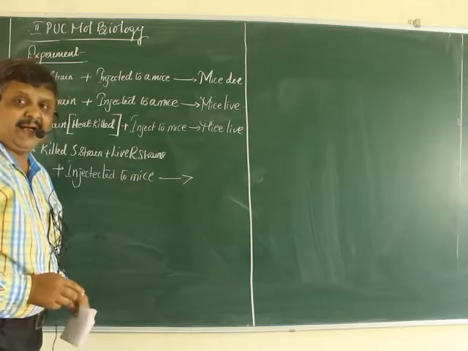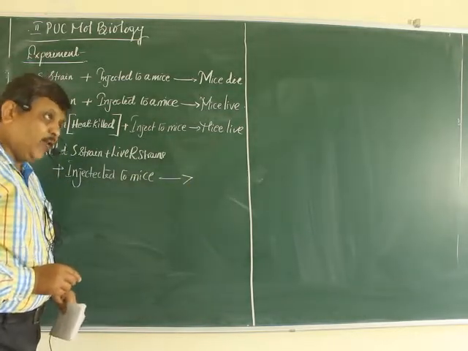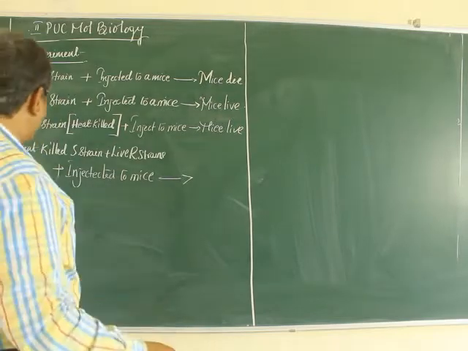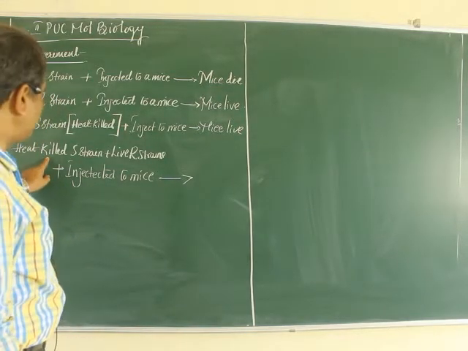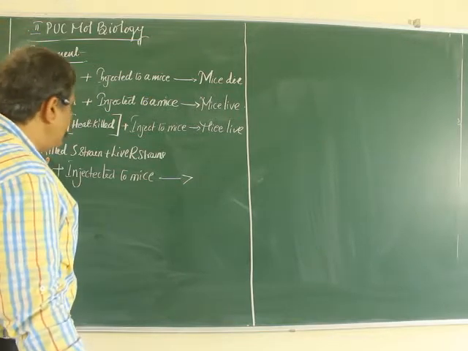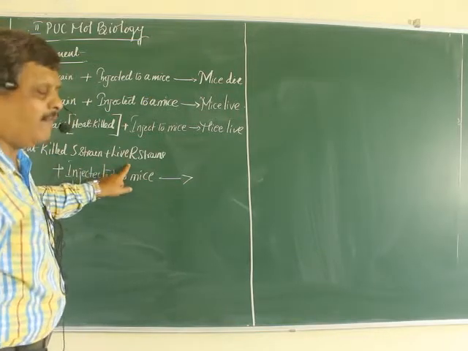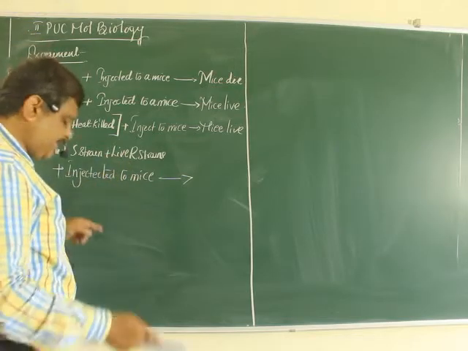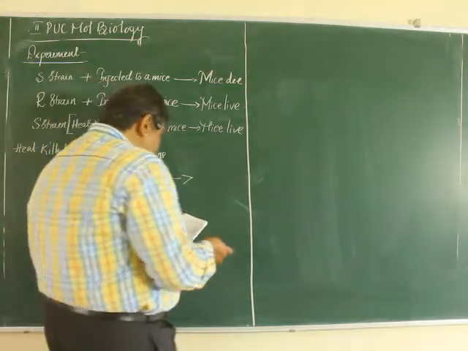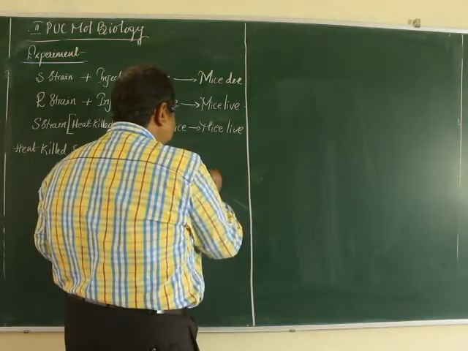What he expected was that the mouse should live happily because he killed the poisonous content. He thought he killed the poisonous content of S strain, and the live strain is not harmful. But the result was shocking: the mouse died.